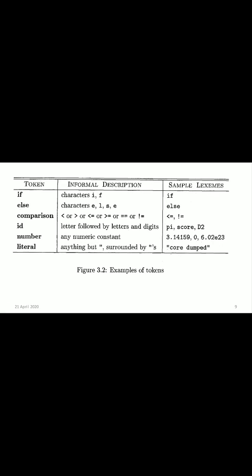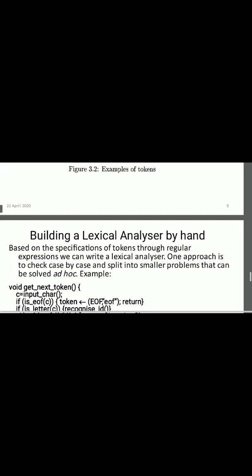For a number, you can take any numerical constant, either a real number or an integer. And when it is a literal, it must be enclosed within a double quote. So these are a few examples of how your lexical analyzer is going to create tokens.